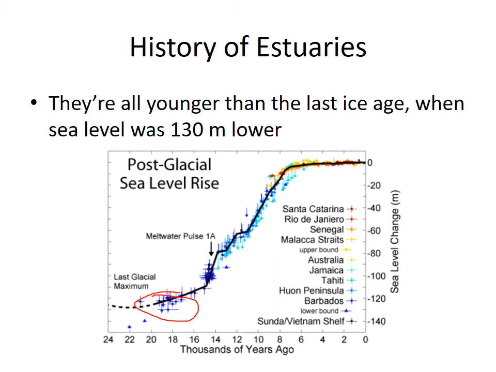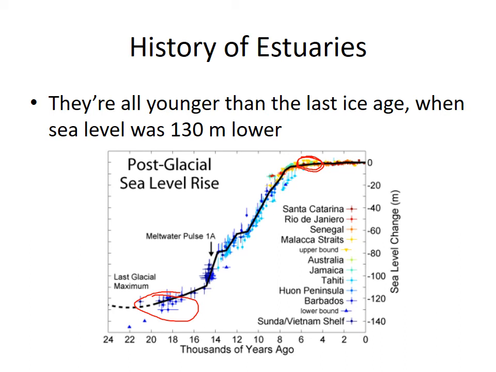And so the sea level rose and totally resculpted all the coastal estuarine features, and it wasn't until sea level was just a couple meters away from its present level that estuaries that approximate their modern forms would have been found.